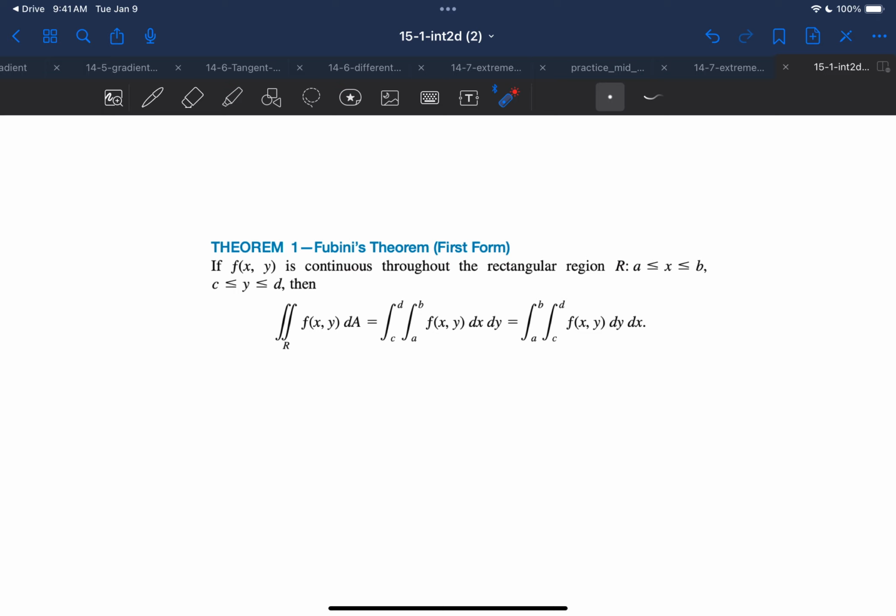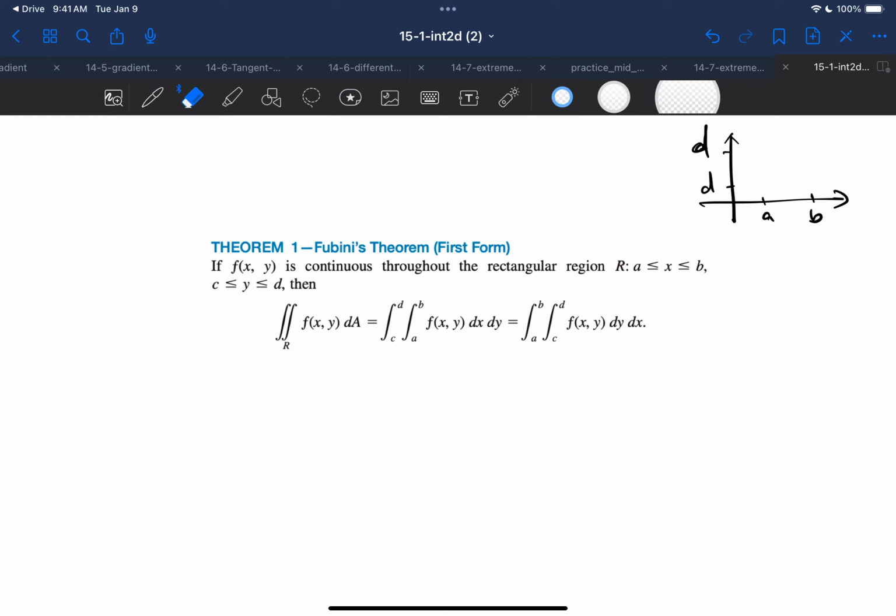It's a nice thing, continuous, throughout the rectangular domain R. So R is given by an x range and a y range. Suppose a is here, b is here, c is here, d is here. No, d is bigger than c.